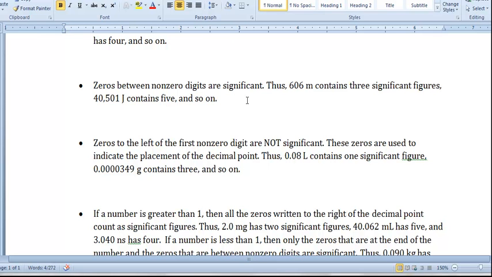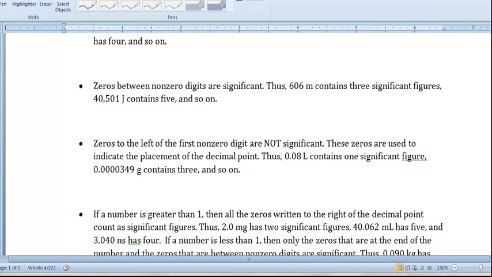Let me reproduce the number. It is 0.123. Sorry, my pen is giving me a hard time tonight. Okay, so zeros to the left of the first non-zero digit. Going left to right, the 1 is the first non-zero digit, correct?